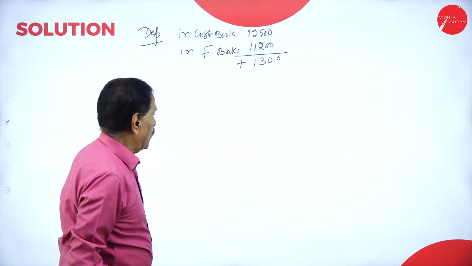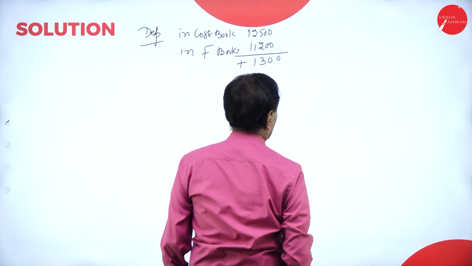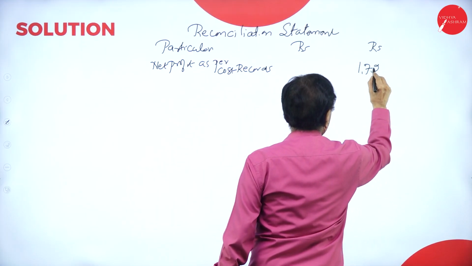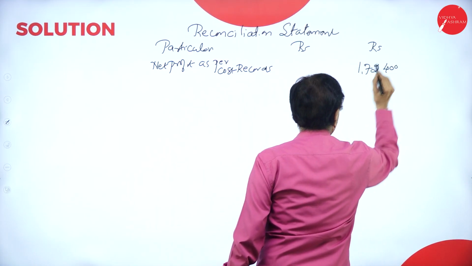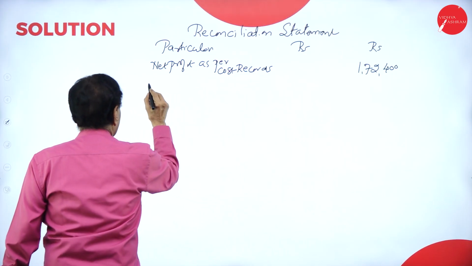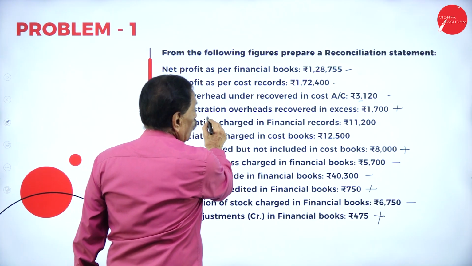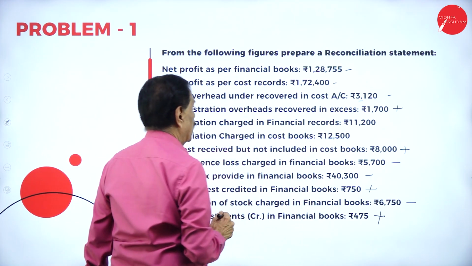Net profit as per cost record, 1,72,400. Add works overhead under recovery in costing.